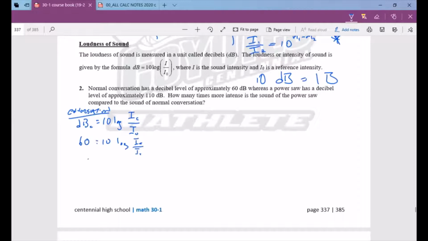This step is where we're converting from decibels to bells. And so it's 6 bells is equal to the logarithm of IC over I naught. Now we swap around to exponent form. This is base 10. So this ratio of IC to I naught is equal to 10 to the 6.